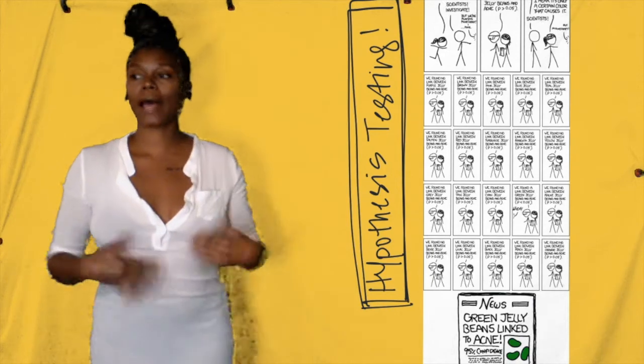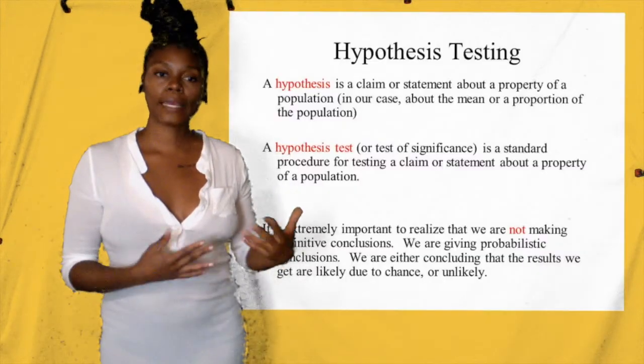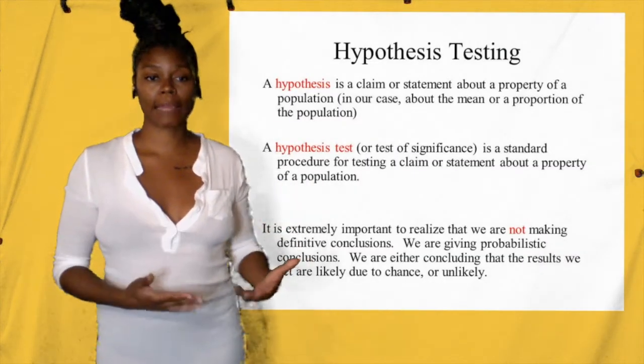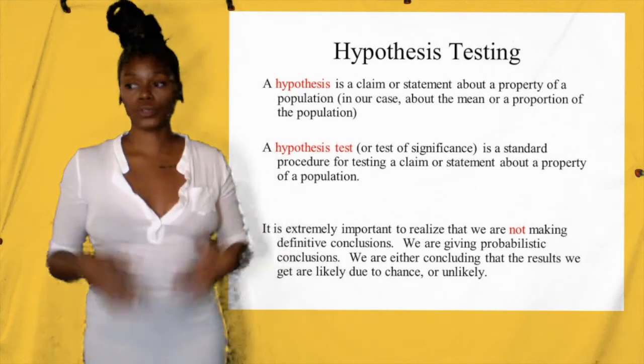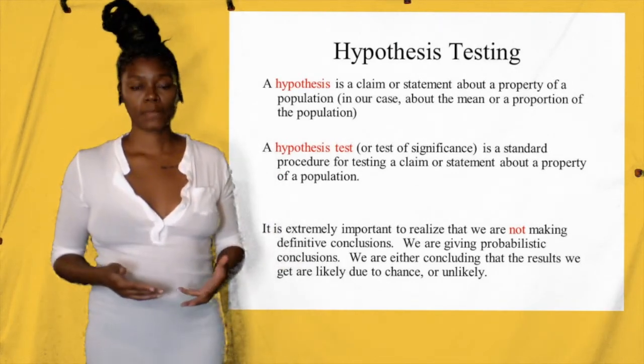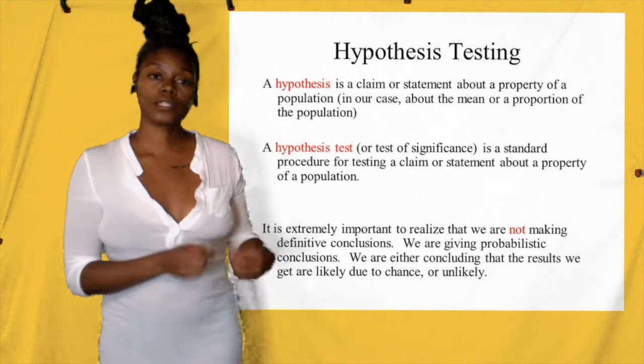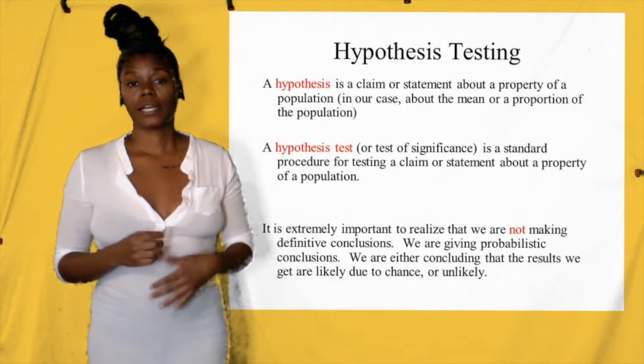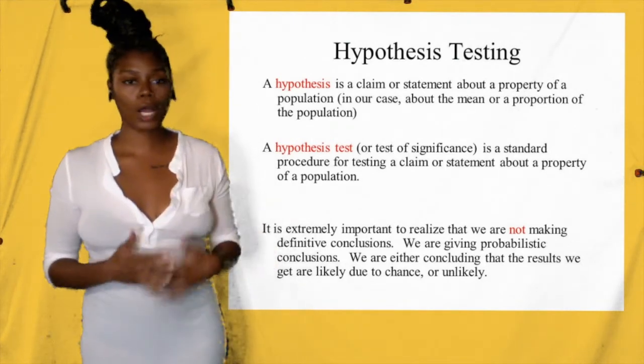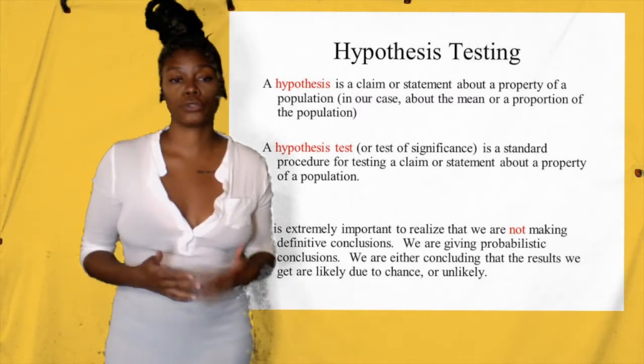When we talk about hypothesis testing, we're talking about testing a claim about the population using a sample statistic. And I want to be clear here that we're not talking about coming to definitive conclusions.